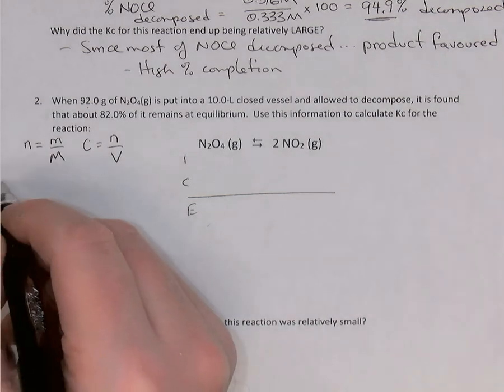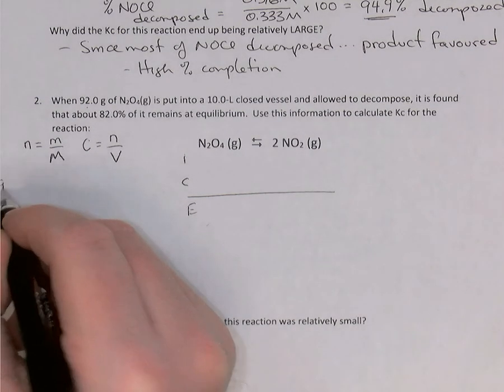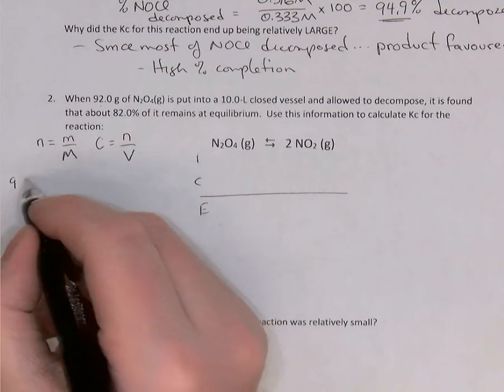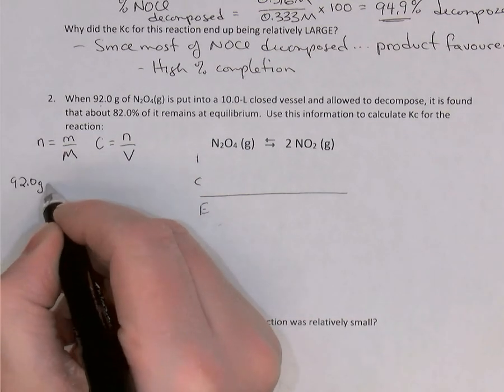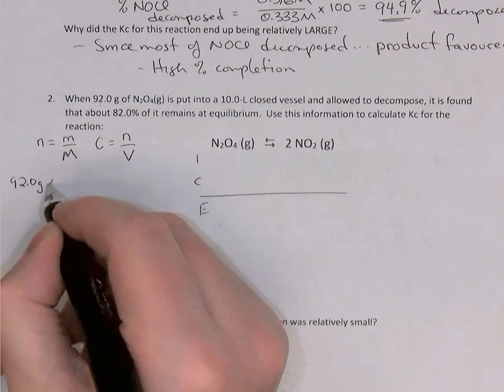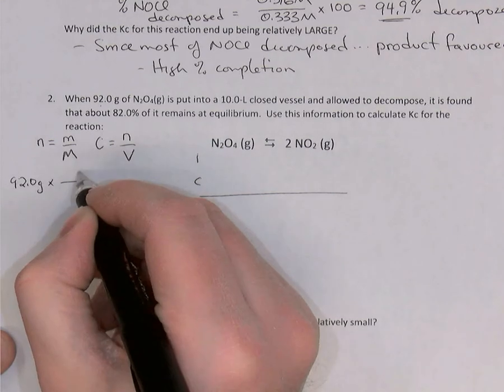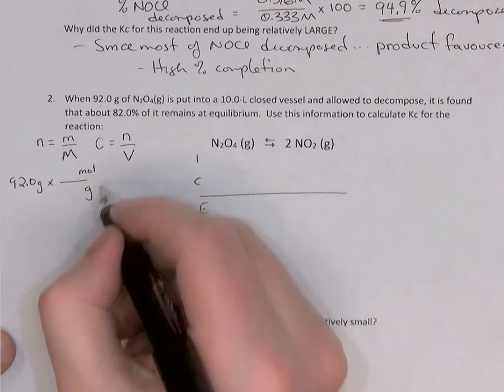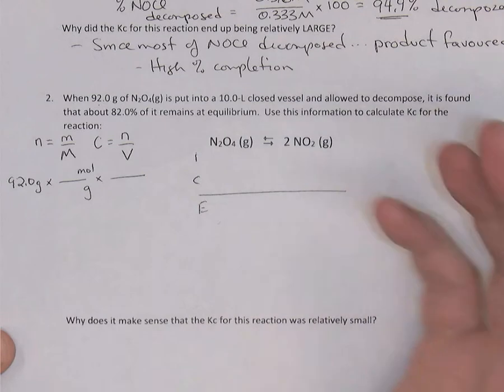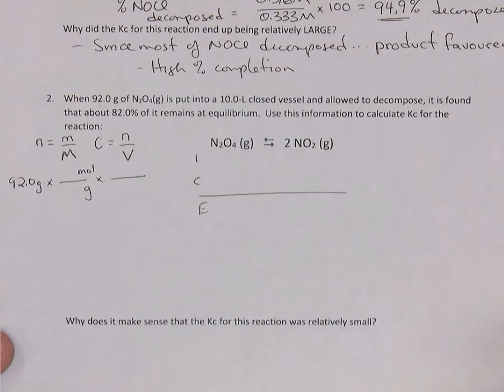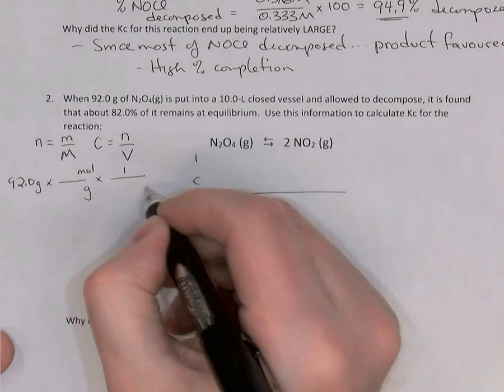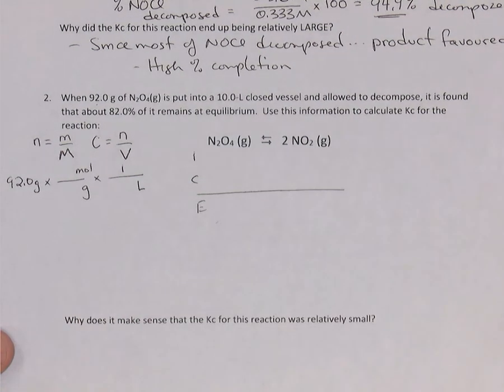I'm going to do it with a few unit multipliers. I'll take my 92.0 grams of N2O4, and I'm going to convert the grams to moles of N2O4, and then I know that once I have moles, I just have to divide by the volume in liters. So I'll just put times 1 over liters, which is the same as dividing by the liters.